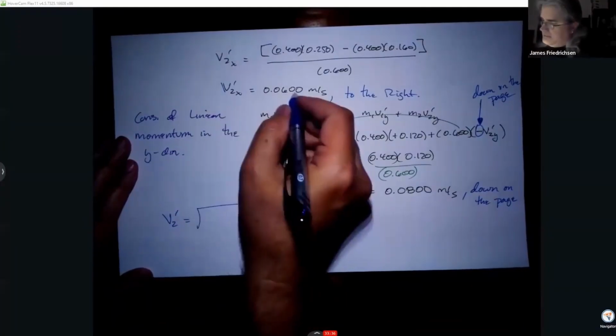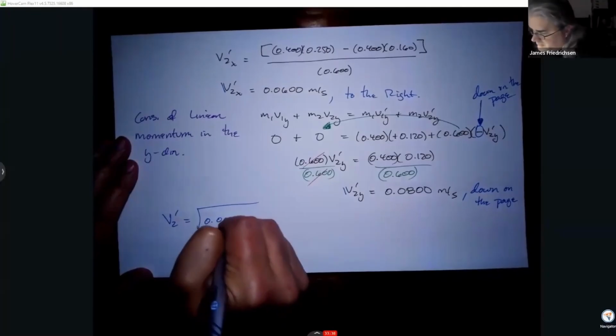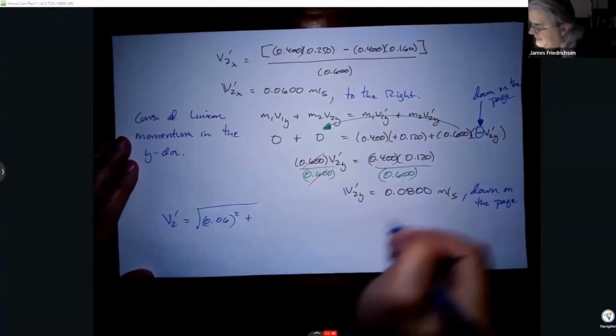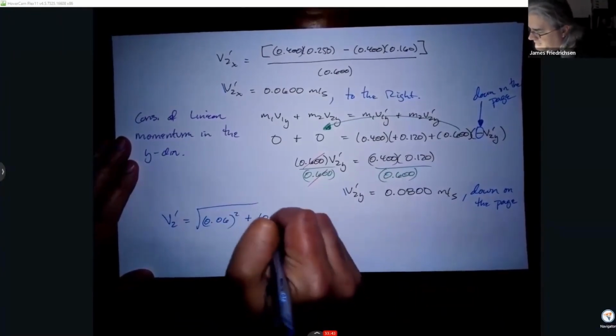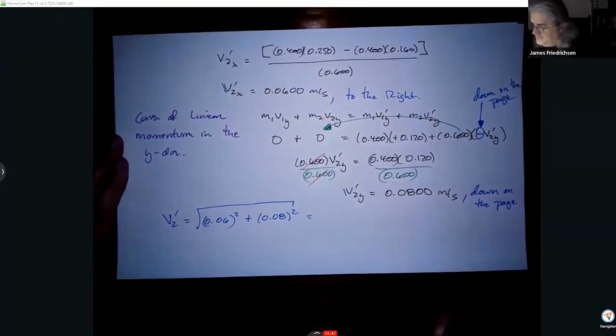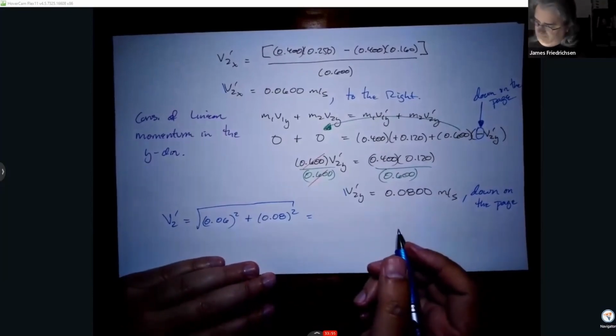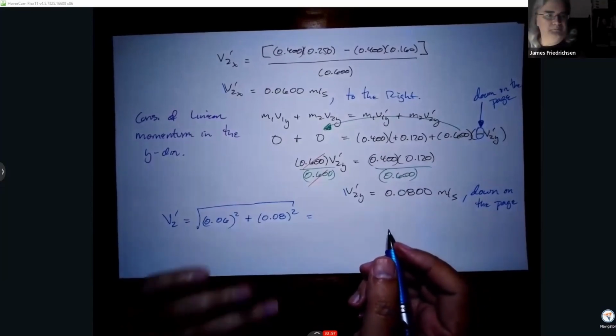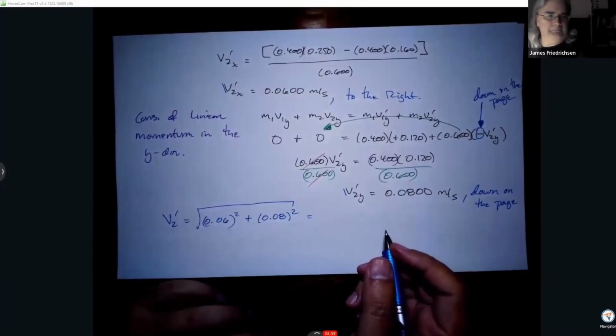So that's the x magnitude, so the 0.06 squared, and then the y, 0.08 quantity squared, gives us what? I think it's 0.1.